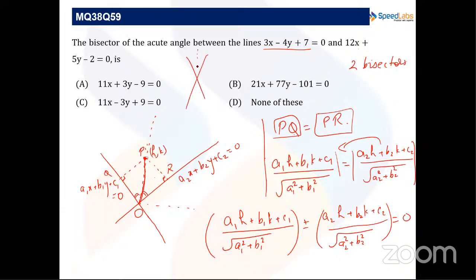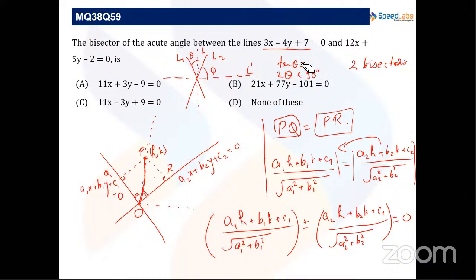So one bisector will be this one, and one bisector will be this one. If we take this angle as theta, this angle as something say phi, if we will get the angle between the lines L1, L2 and our bisector is L and L dash. So when tan theta will be positive, that means 2 theta will be less than 90 degree.